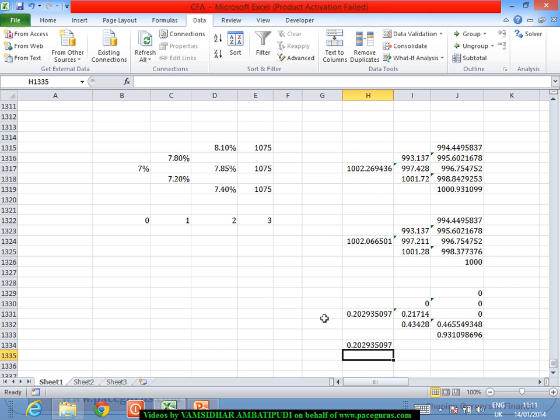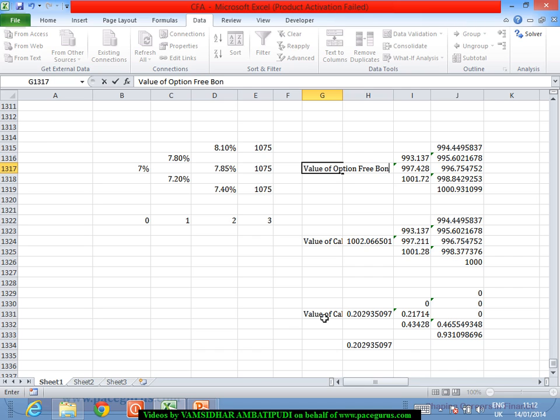So this is the value of the call option, whereas this is the value of the callable bond, and this is the value of the option free bond. These are the three things.